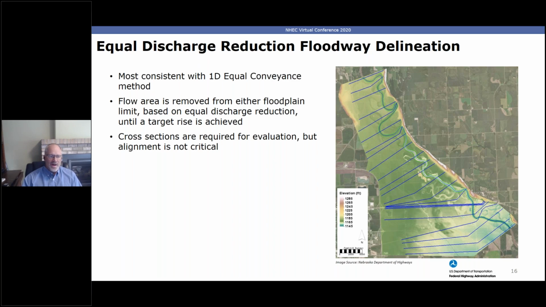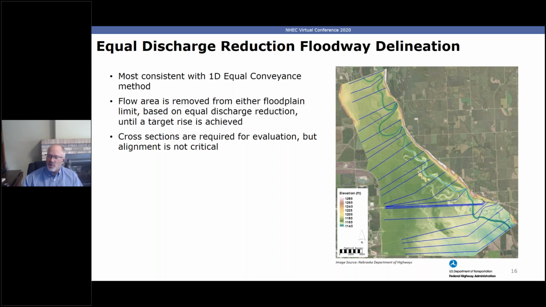This is where flow area is removed from either edge of the floodplain until the target rise is achieved, but not exceeded. This approach still requires the use of cross sections for evaluation, and you'll see those blue lines on the right, but the alignment of those cross sections is really not critical. They're simply reference points.